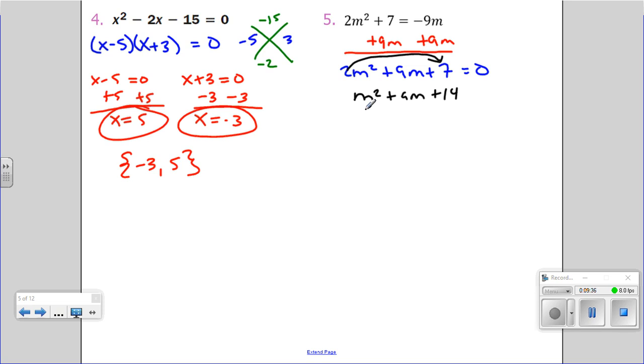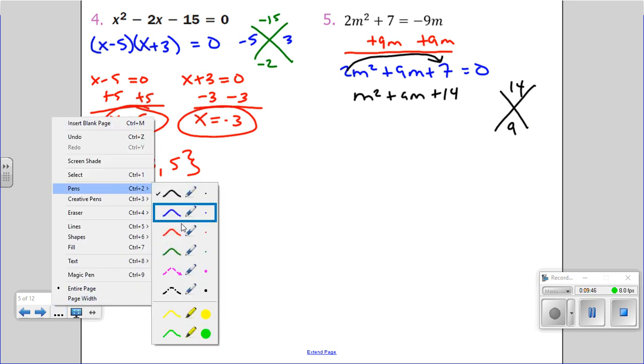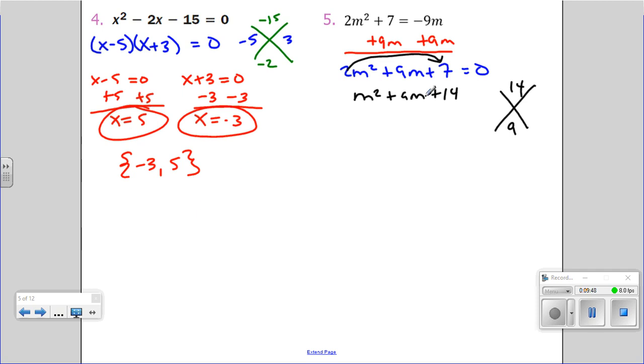And now we use the x with 14 at the top and 9 at the bottom. So the winning factors would be a 2 and a 7. So that would be m plus 2 times m plus 7.